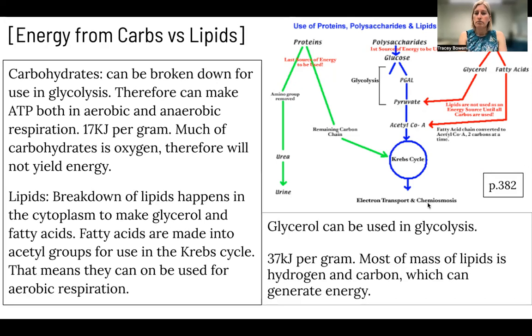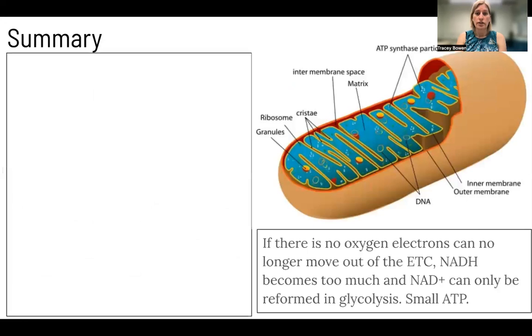I've just said, so this is a typo here. Glycerol cannot be used in glycolysis because it goes straight to pyruvate here, so it's not going through the glycolysis process. Sorry about that. But lipids are going to produce about 37 kilojoules of energy per gram when oxygen is available. Most of the mass of lipids is carbon and hydrogen, so those can both be used to generate energy.